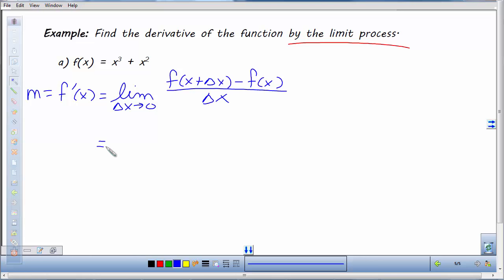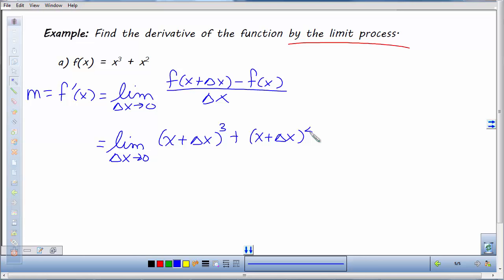So we're looking at the limit as delta x approaches 0 of x plus delta x cubed plus x plus delta x squared.